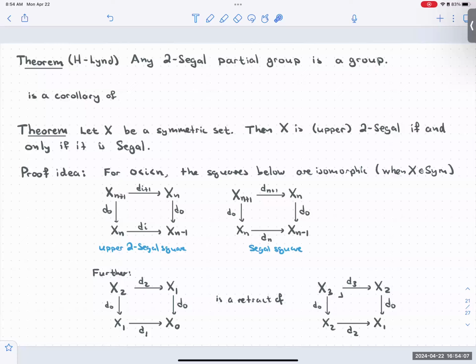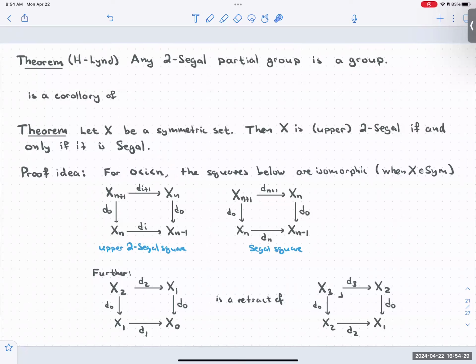So that is, Segal means it's the nerve of a category or isomorphic to the nerve of a category. And the whole idea is that because you're working in a symmetric set, you can permute elements around. I know I'm not saying too much about higher Segal conditions in this talk, but you may remember I drew a square like this earlier. This is something about one of the outer faces or pullbacks.